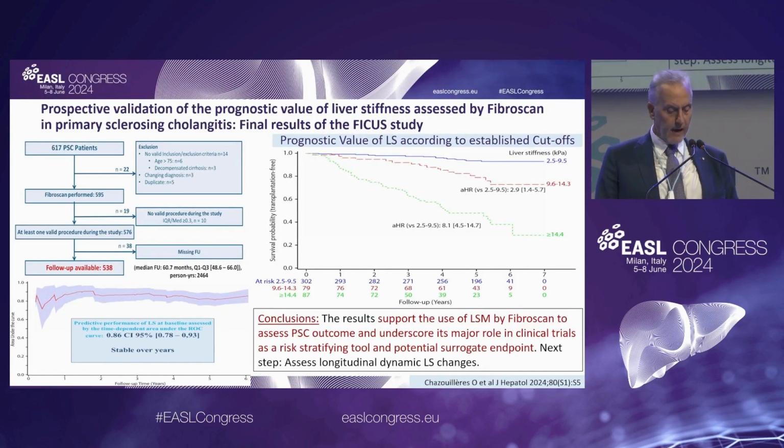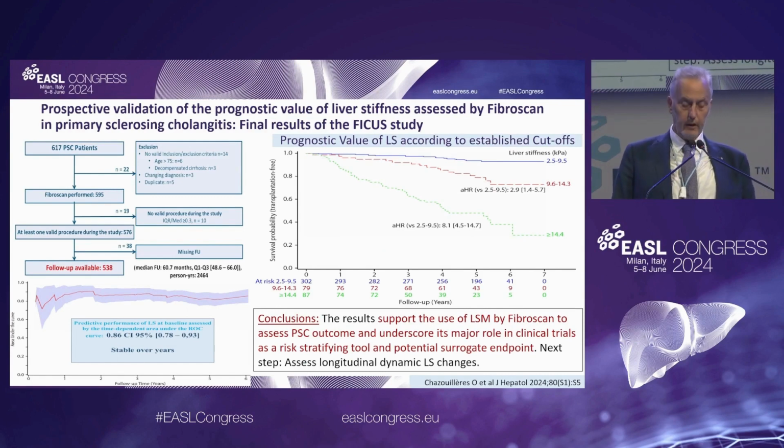And my last slide will deal with the final results of the FICUS study on the prospective validation of the prognostic value of liver stiffness measurements by FibroScan in more than 500 patients with primary sclerosing cholangitis.